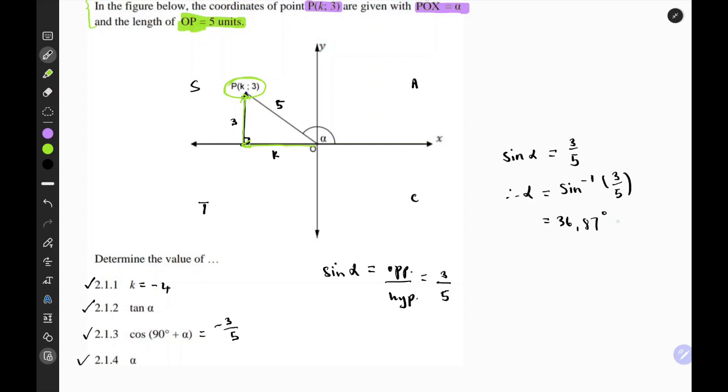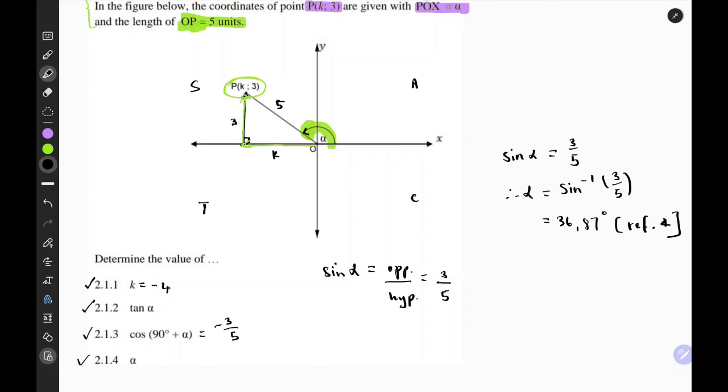But remember, this here is a reference angle. If you look at our schematic, you can see that alpha is an obtuse angle.